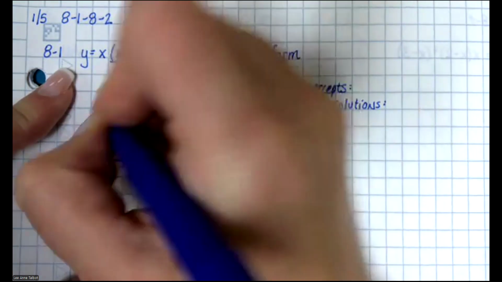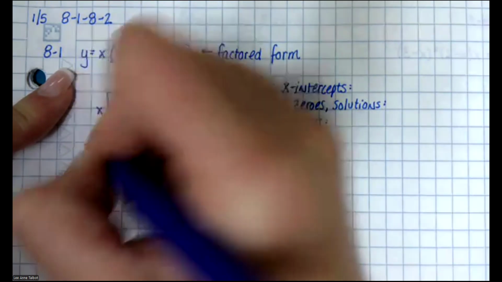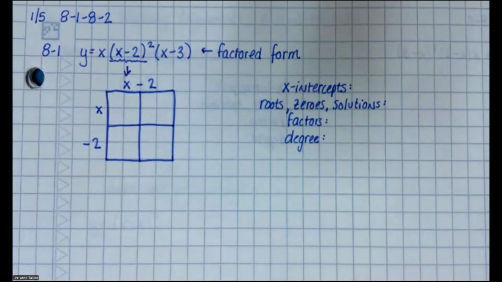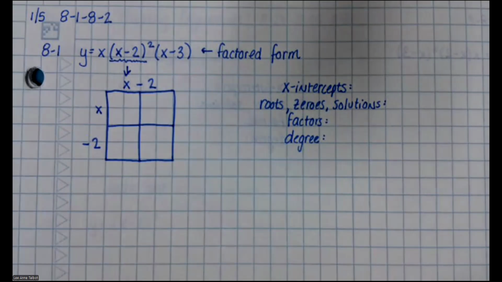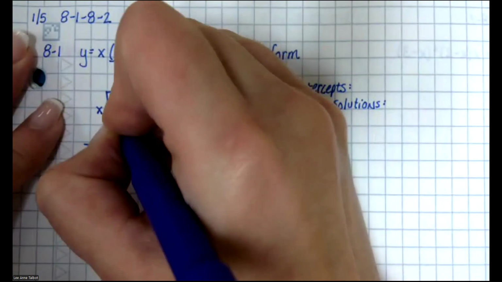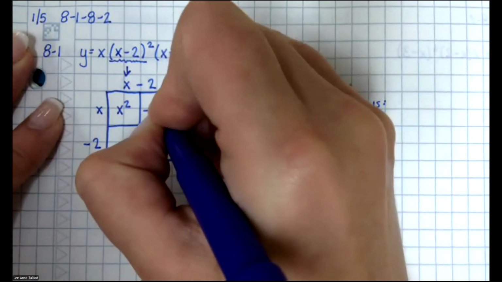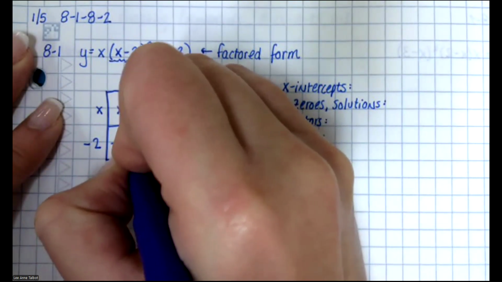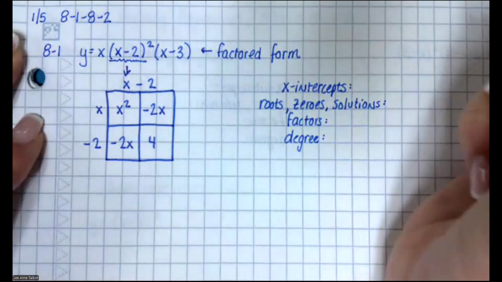X minus 2, x minus 2. Why do I have 2 of those? Yeah, because it's square. Okay. X squared negative 2x, negative 2x, and 4.